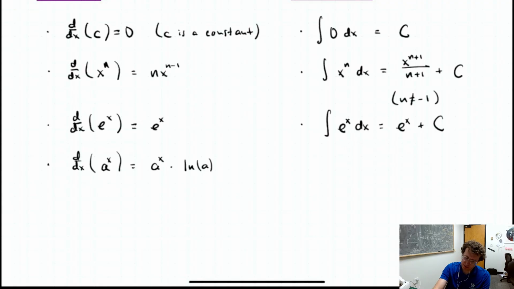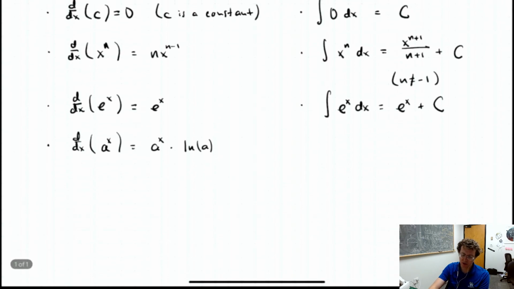Like, the most common mistake I see here is something like the derivative of e to the x is x e to the x minus 1. You're trying to apply the power rule, but it does not make any sense to apply the power rule to e to the x, because that's not a power function, it's an exponential function. It's a completely different kind of function. So just be careful with that.